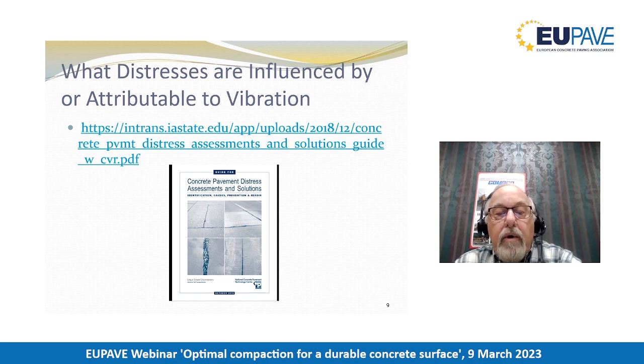We looked at the most typical types of distresses in every sort of pavement: jointed plain, jointed reinforced, continuously reinforced. We have photos, a description of how to measure each distress, and recommended remedial measures, but most importantly for what we're talking about today, it lists the potential causes.